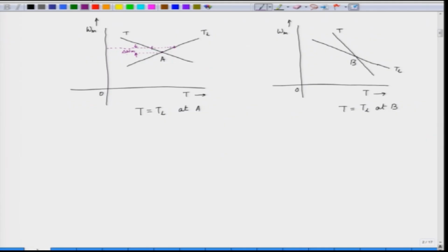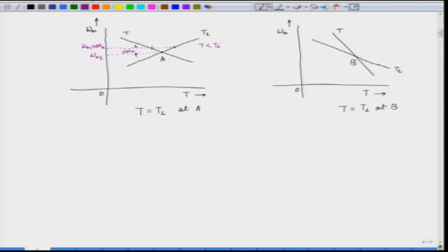Now, at this instant when we have disturbed from the operating point, here we have, let us say, omega m 1. So, we have already disturbed it, and right now we have omega m 1 plus delta omega m. Now, the motor torque in this case becomes less than the load torque.